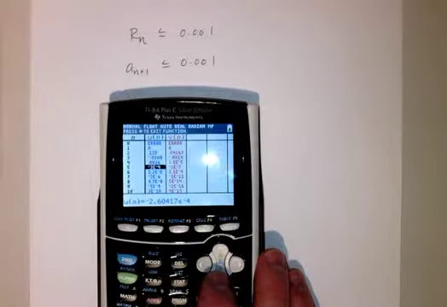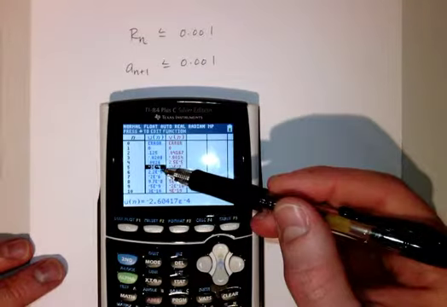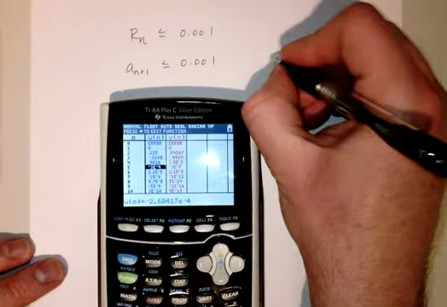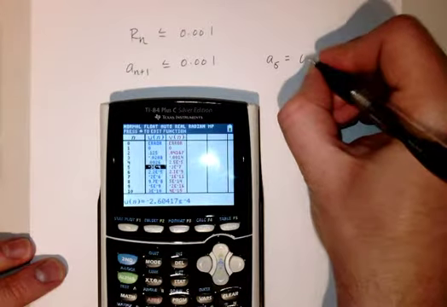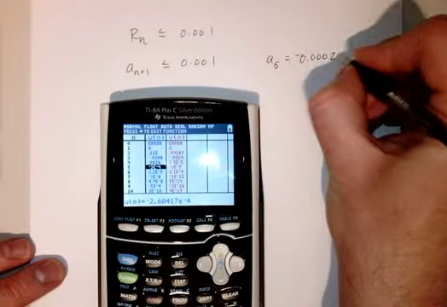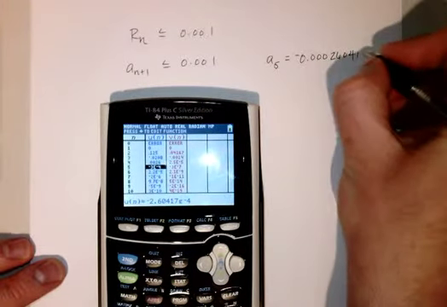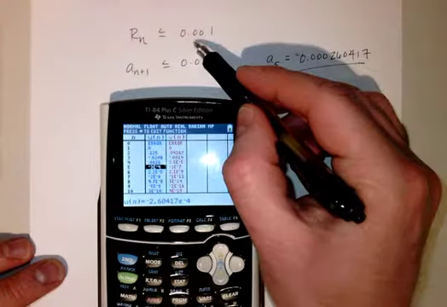Now that right there, e to the -4, means that the 5th term, that means a sub 5, is equal to -0.000260417. Now, is that less than 0.001?